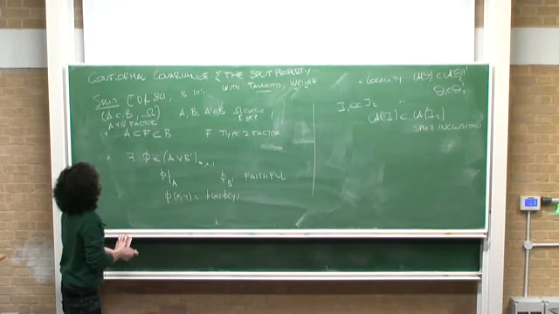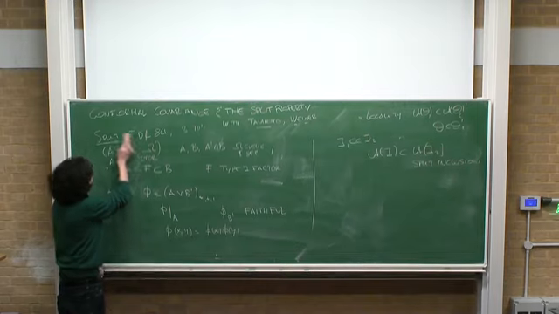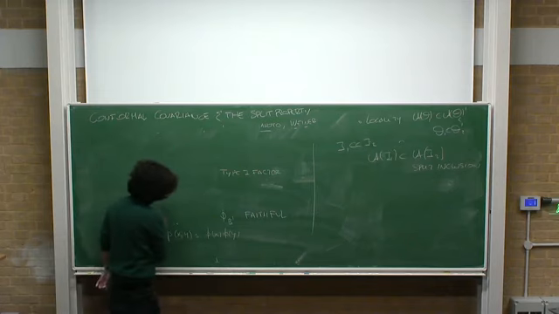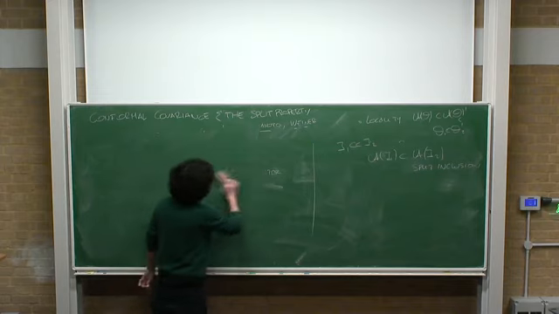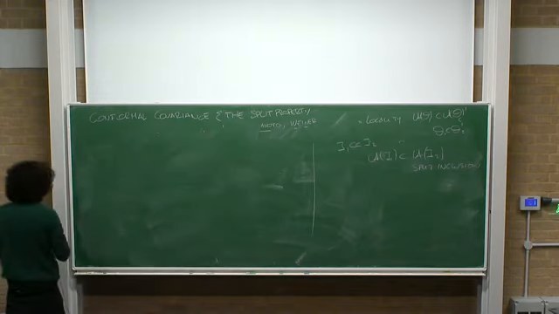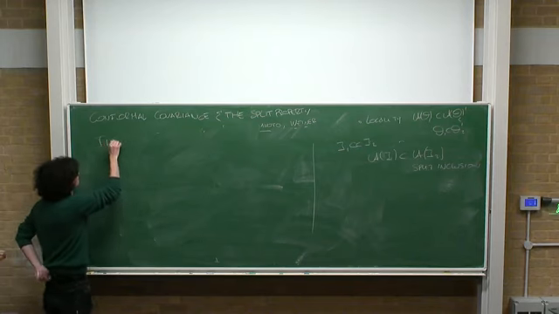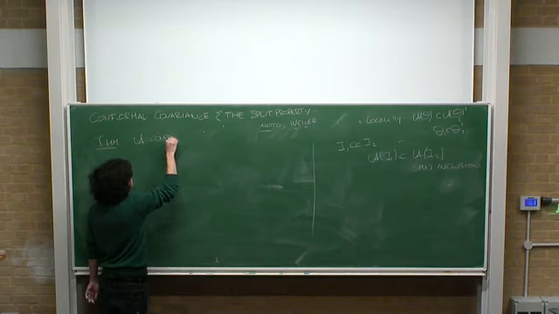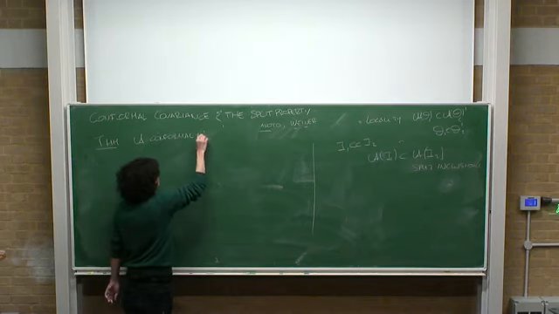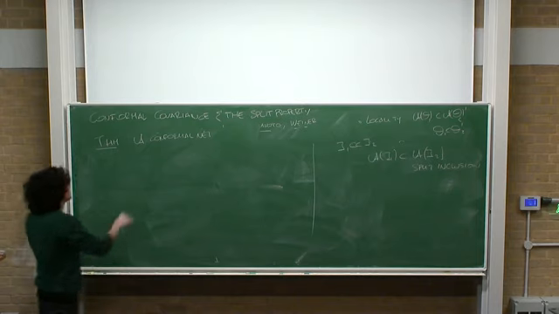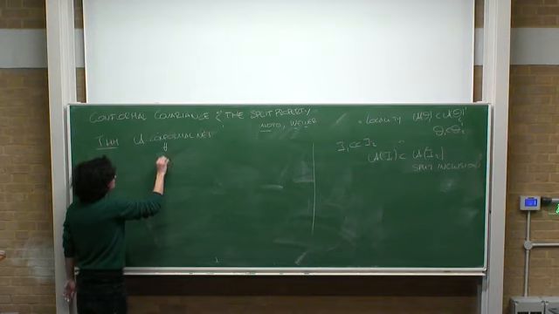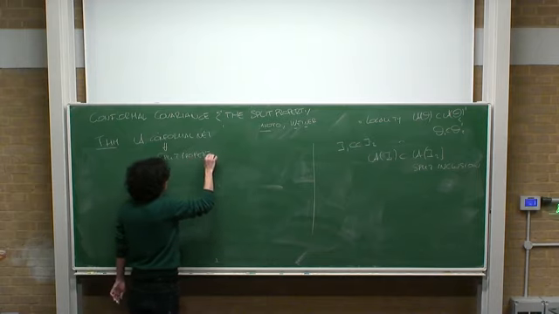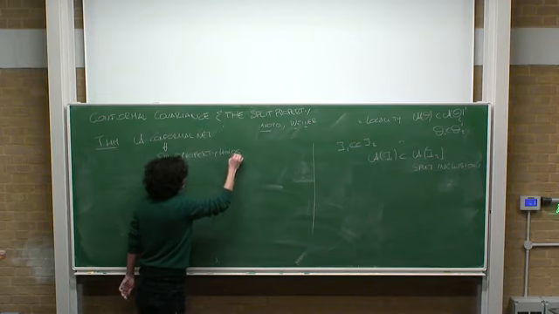So actually the theorem is the following. Let A be a conformal net, then it has the split property also.